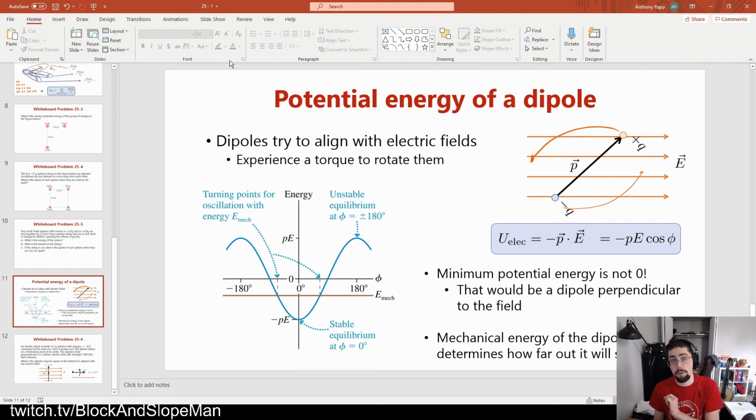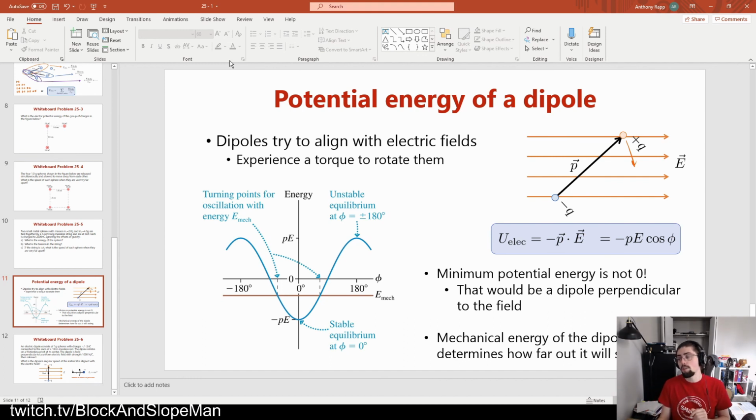It really doesn't want to be there. But if I allow this thing to rotate in the other direction so that it is aligned, that's going to be my negative potential energy. And again, it's a bunch of arbitrary values. The change is the most important thing. But that's where we're setting that arbitrary value.